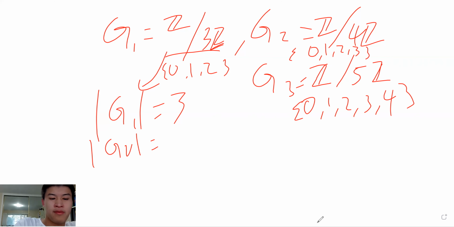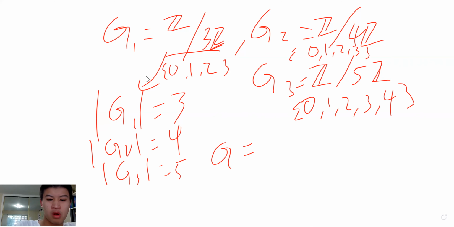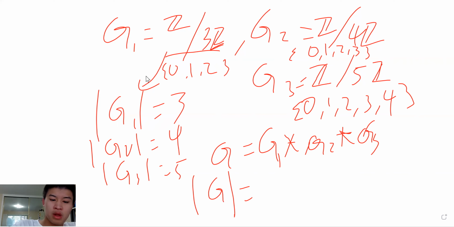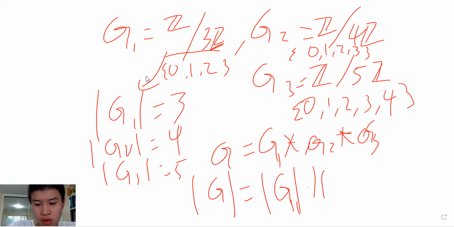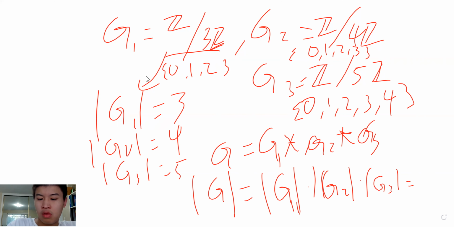And if we define G to be equal to the direct product of G1, G2, and G3, then the order of G will be equal to the product of the orders. So the order of G1 times the order of G2 times the order of G3, which will be equal to 3 times 4 times 5, or 60.